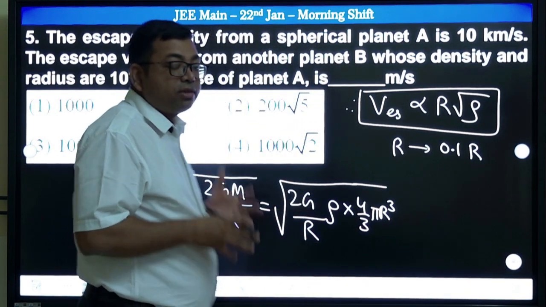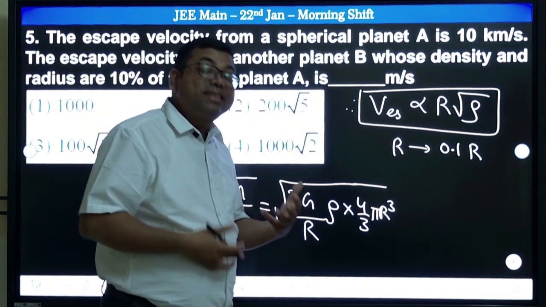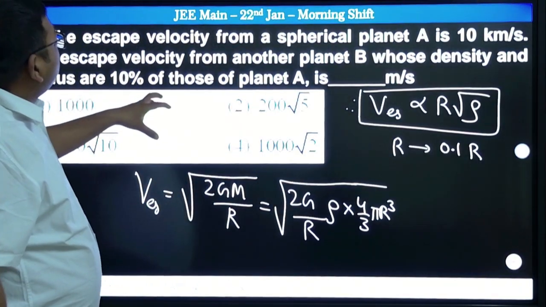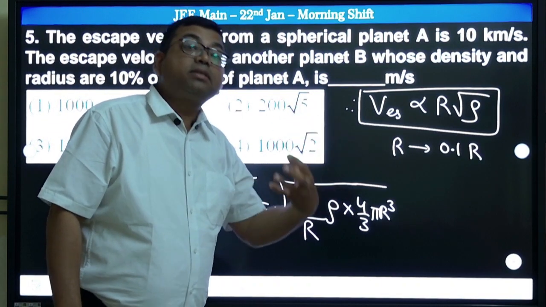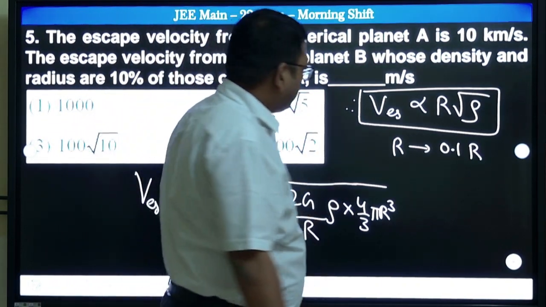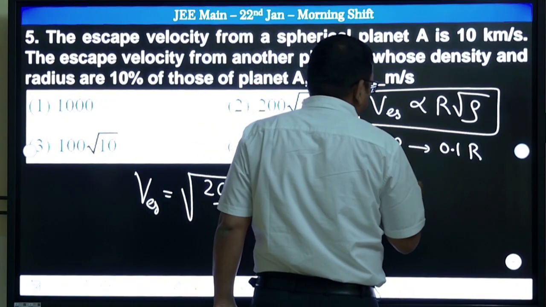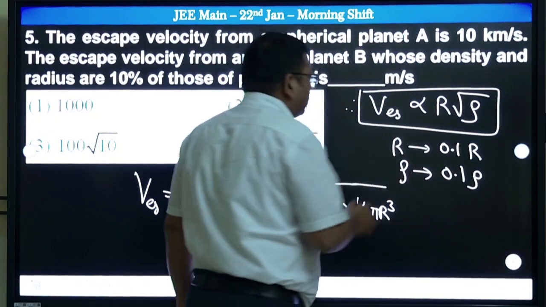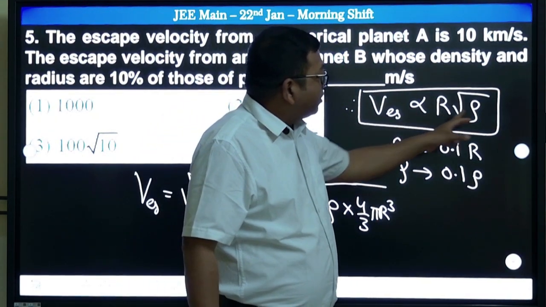It is not a 10% increase; there can be a confusion, right? Radius is 10% of that, which means it is smaller. Similarly, this density is also 10%, which means 0.1 times rho. So you need to change this to 0.1, 0.1.